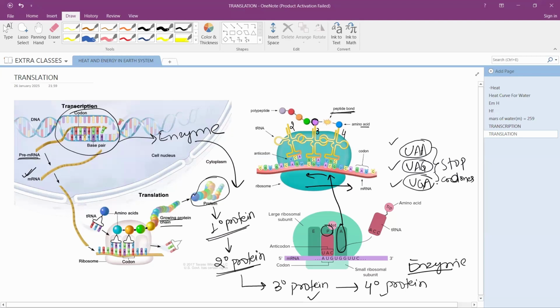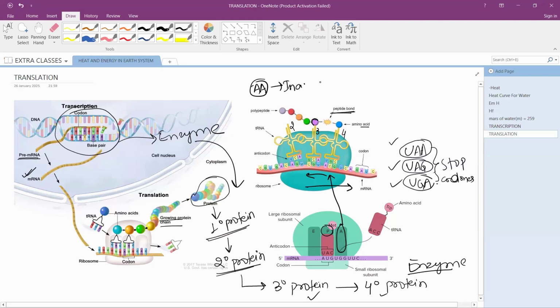So amino acids are activated by ATP and attached to their specific tRNA molecule. Initially, these amino acids are hovering inside the cytoplasm in an inactive state.